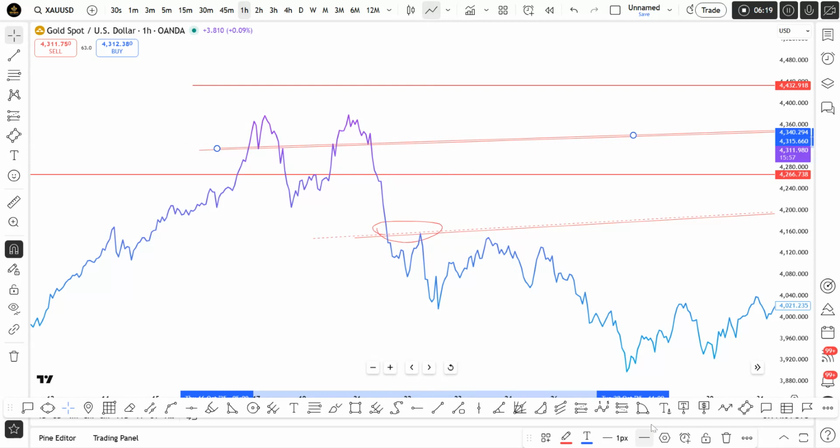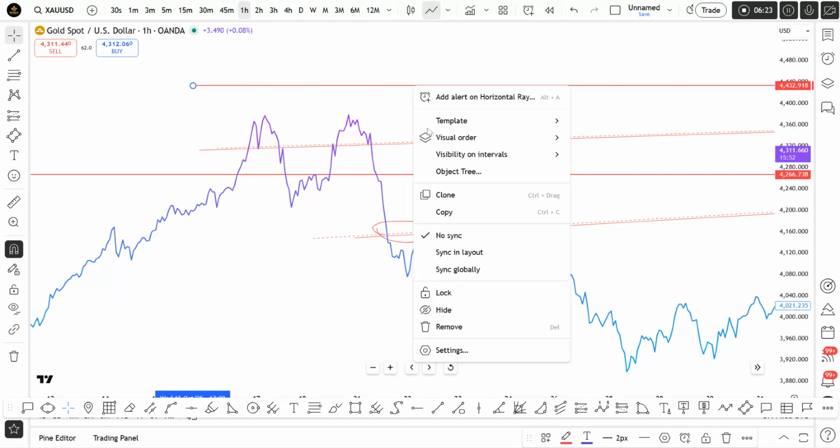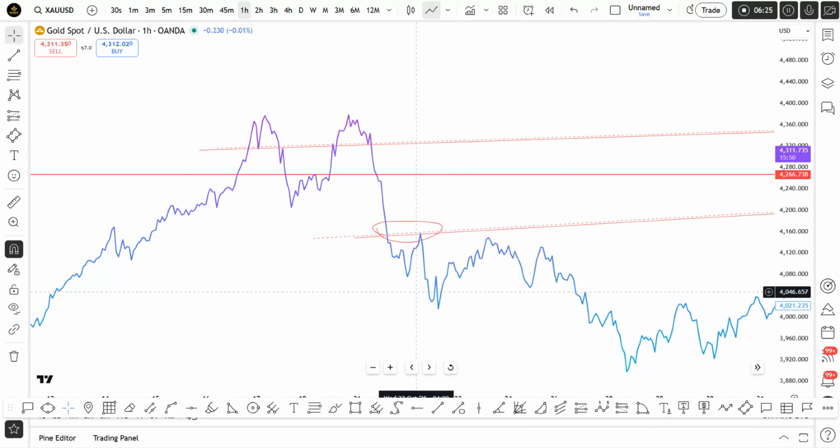And this will most likely be the reaction you want to see during a New York Open. To put it into perspective, we have here as a support structure, we have here as a resistance structure, we have here as a resistance structure, we have here as a support structure.